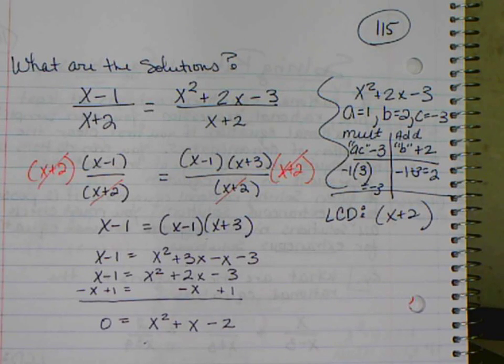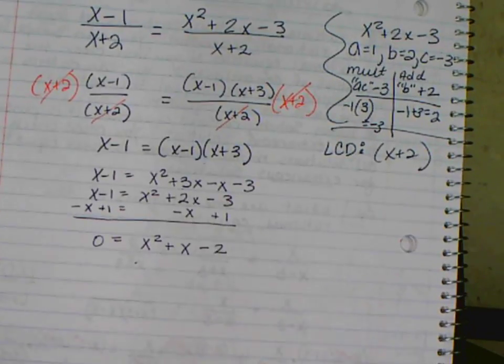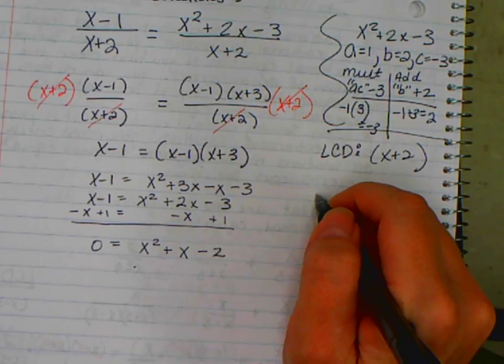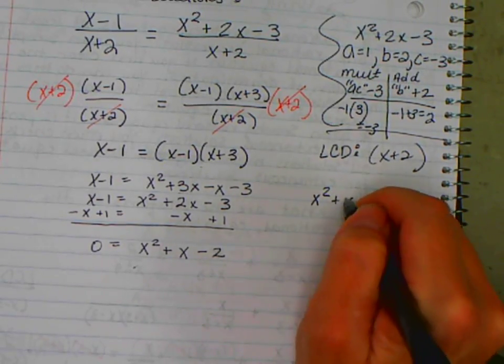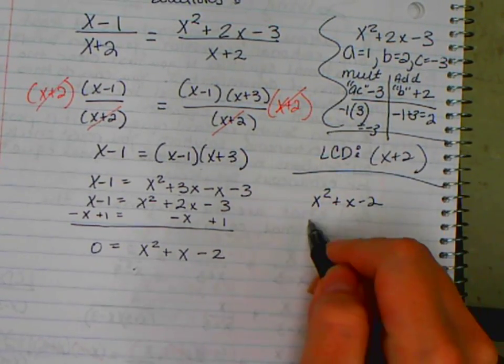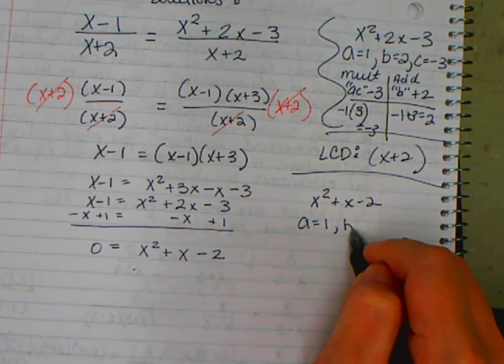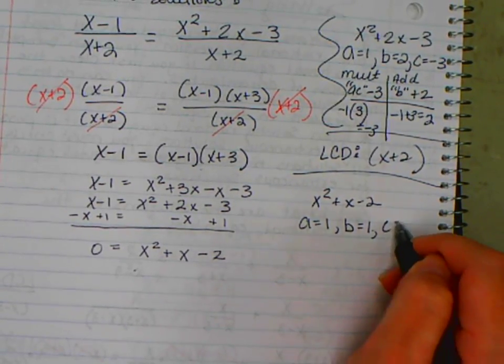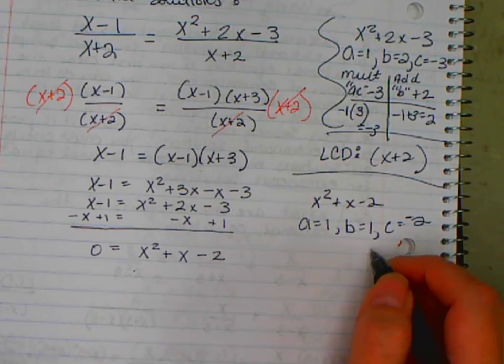Hopefully this is factorable, and I can factor and set each factor equal to 0. If not, I'm going to use the quadratic formula or completing the square, right? This stuff we know. So over on the side, let me try to factor x squared plus x minus 2. A is 1, B is 1, C is negative 2.